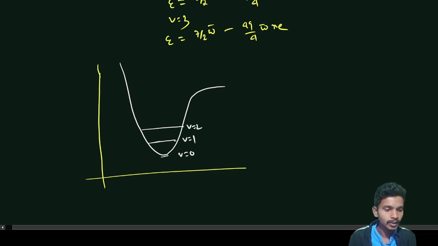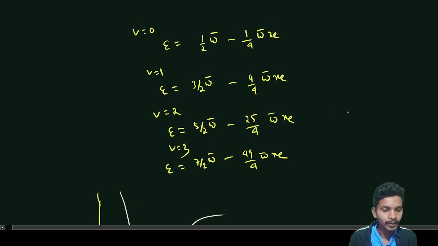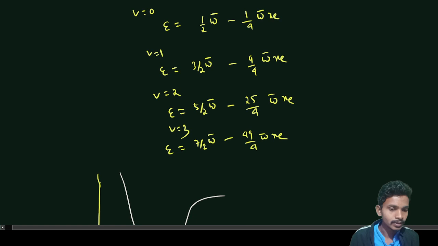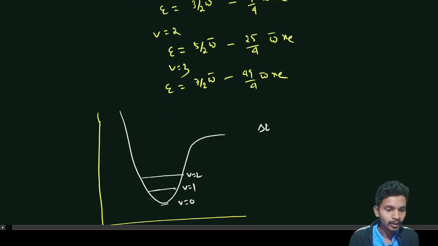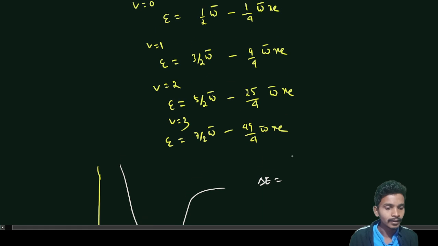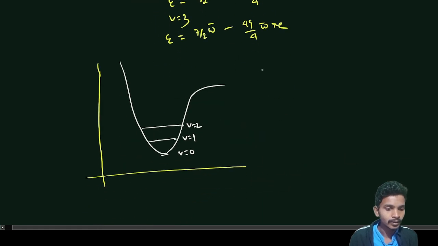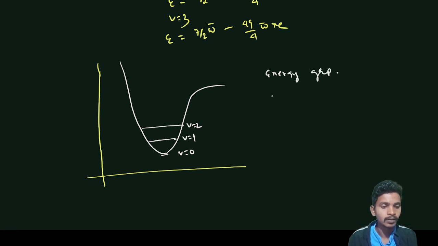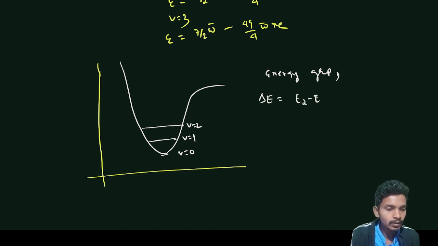So you see the energy gaps from here. If I calculate the energy gap, let's say B equal to 0 to B equal to 1, so delta E, that is energy gap, that is E2 minus E1.